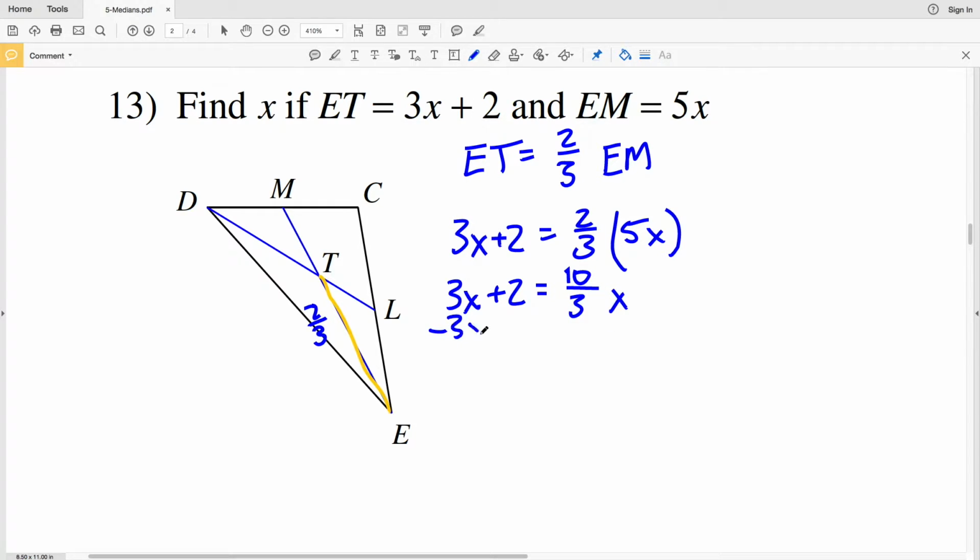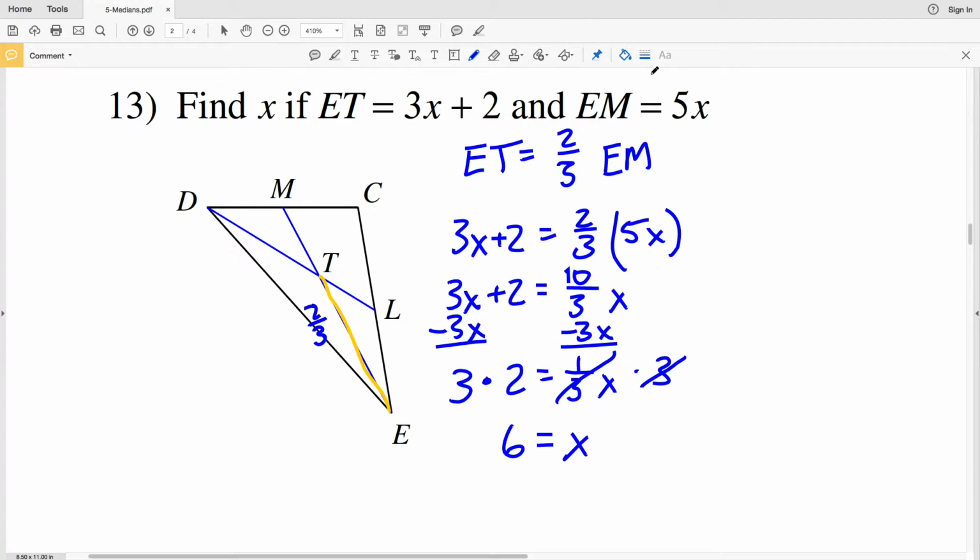I'll subtract 3x from both sides to get that 2 is equal to 10/3 x minus 3x, which is 10/3 x minus 9/3 x, which is 1/3 x. And then I'll multiply both sides by 3 so that my 1/3 cancels out to get that 6 is equal to x. So 6 is my solution in number 13.